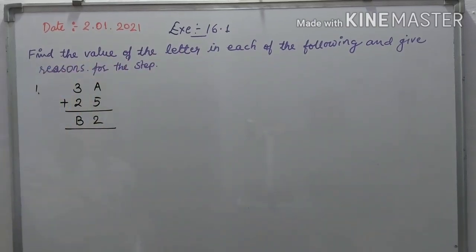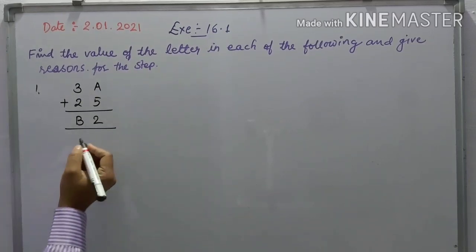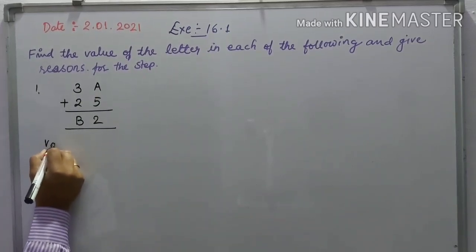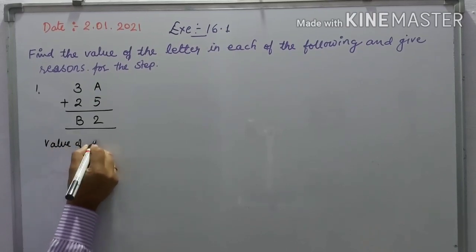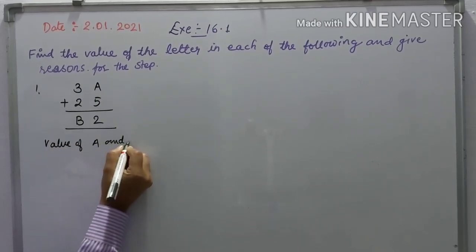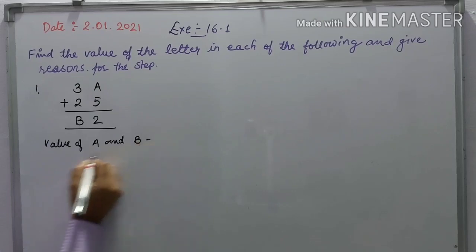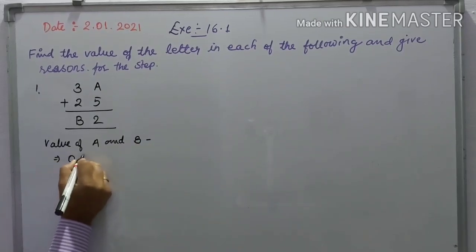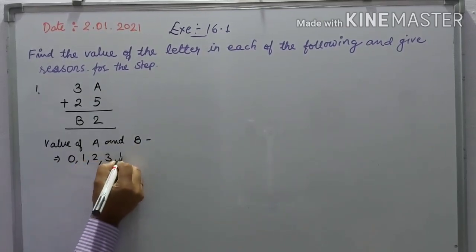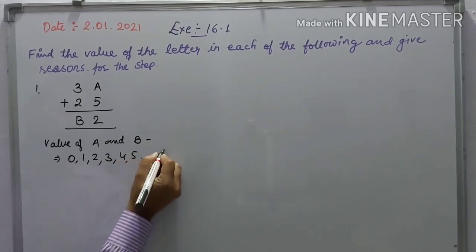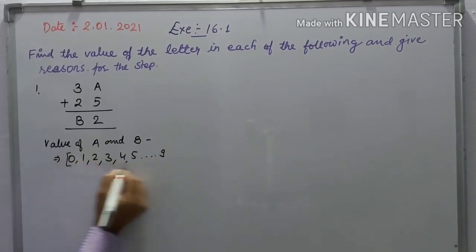So this is the chapter of playing with numbers. Here, for the values of a and b, you substitute 0, 1, 2, 3, 4, 5 and so on, only up to 9. Why?